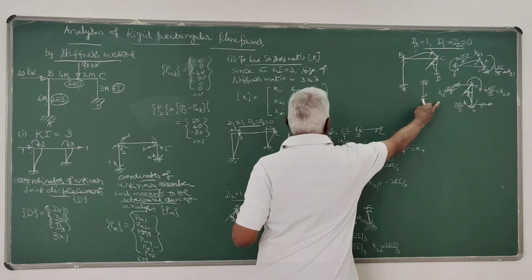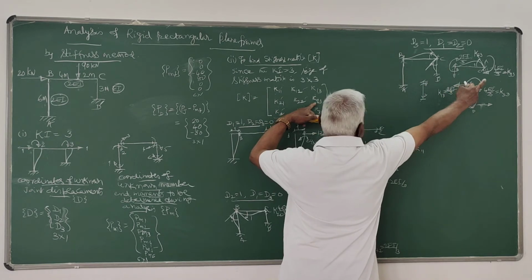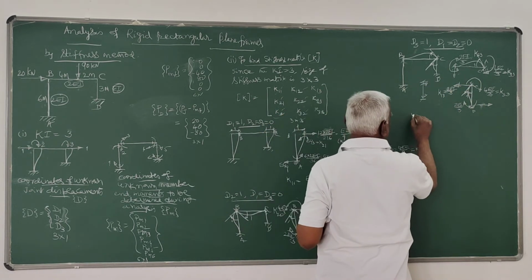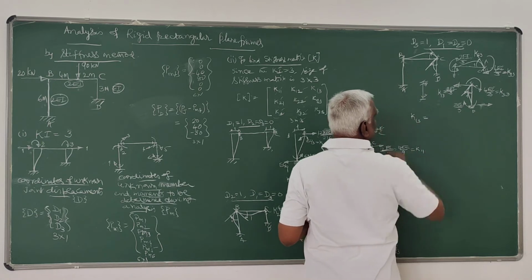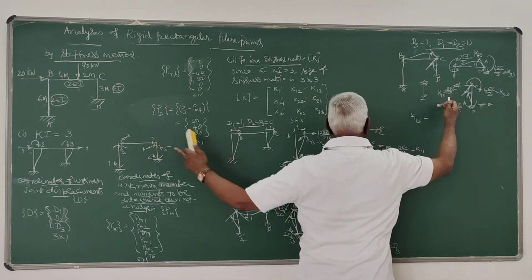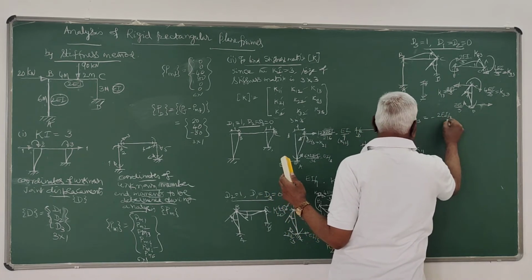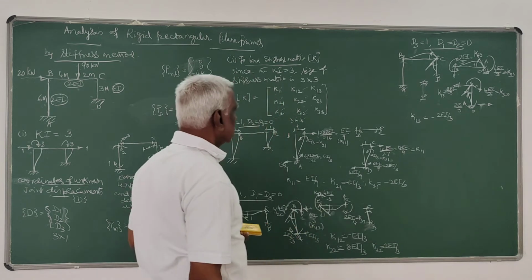So I have developed K13, K23, K33. You can write that K13 is 2EI by 3, in the direction opposite to 1, so it is minus 2EI by 3.